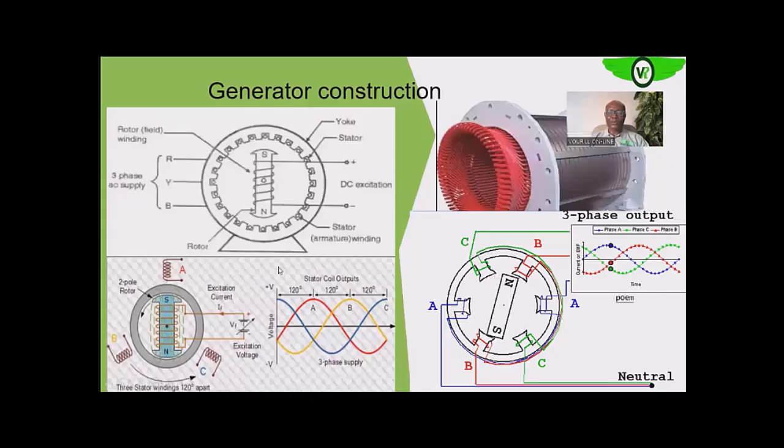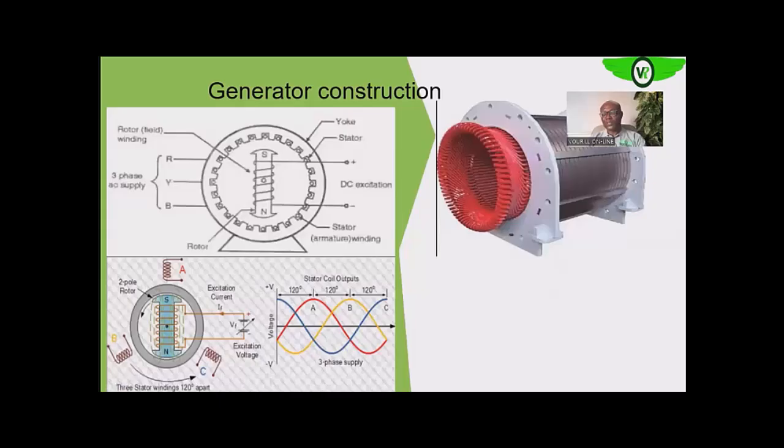So this is how the alternator helps us to convert the rotating mechanical energy produced by the prime mover, whichever prime mover you are using, into electrical energy. This is the three-phase output that we will eventually get out of the armature.